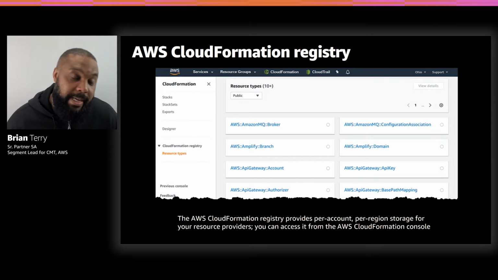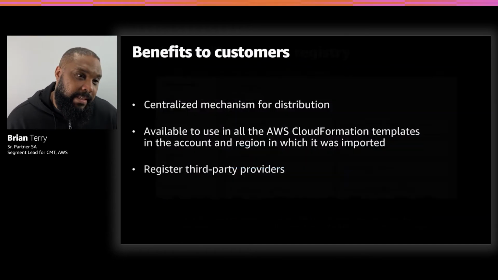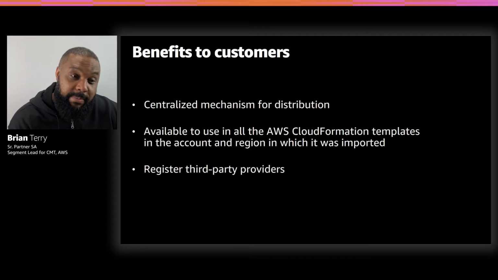And these are regional based and they're account based. And you can actually use these the same way as you would any native CloudFormation service. So it allows you to register these types as private types and then reuse them throughout your organization. So some of the benefits to the customers are a centralized mechanism for distribution. They're available to use in all AWS CloudFormation templates in the account and region in which they were imported.